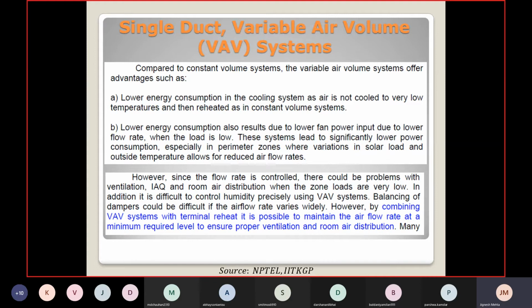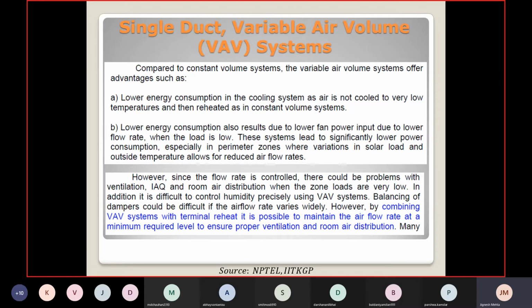In the morning it will have higher load, but in the afternoon it may have lower load, right? When the load is lower, you may supply less conditioned air to that zone. So these systems lead to significantly lower power consumption, especially in perimeter zones where variations in solar load and outside temperature allow for reduced airflow rates.